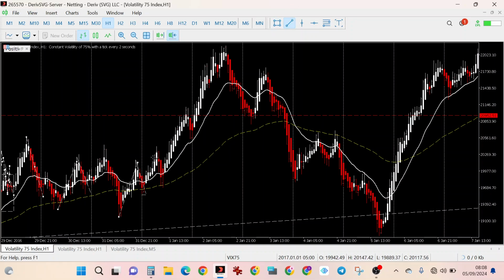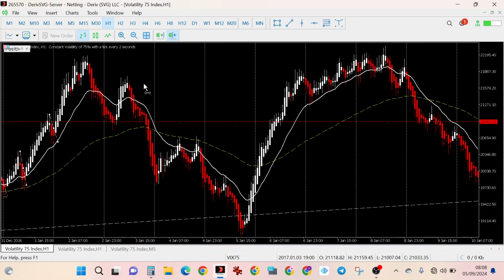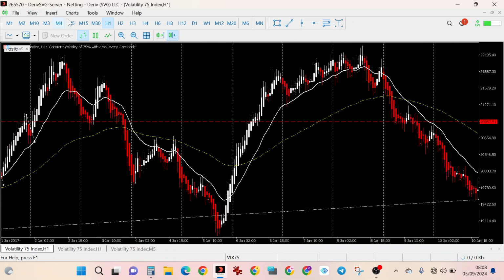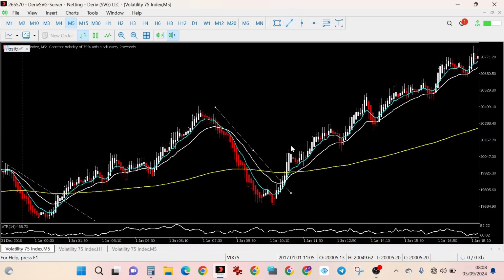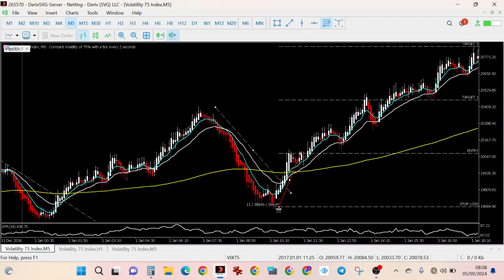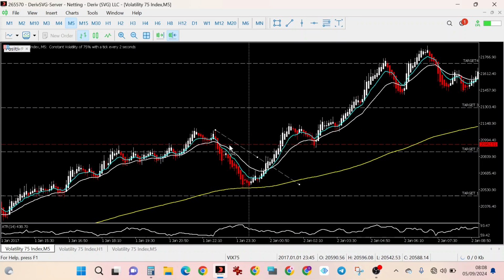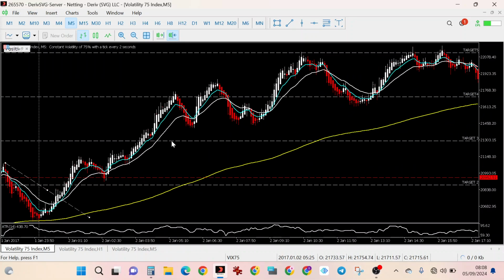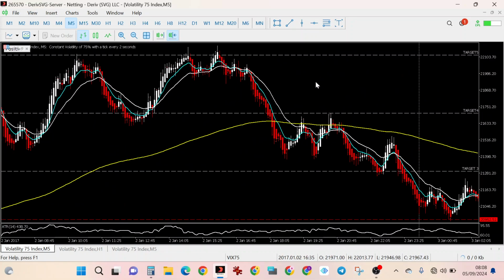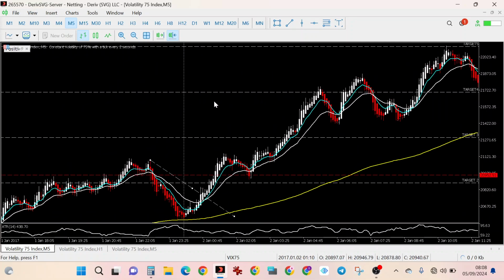There's another setup here and another one here. So for this one now, if I go to the M5, this is the entry here. Depending on where you kept your stop loss, maybe below here, target at least 5 times your risk. Okay, see there, hits the target. Okay, this is another one.